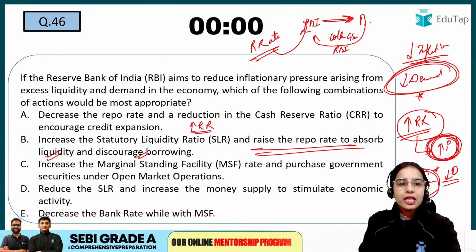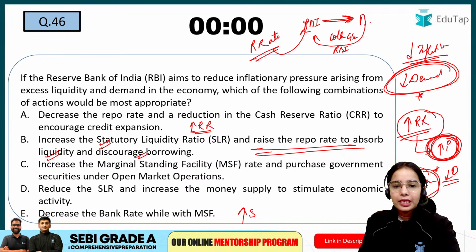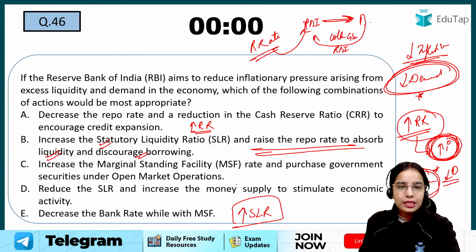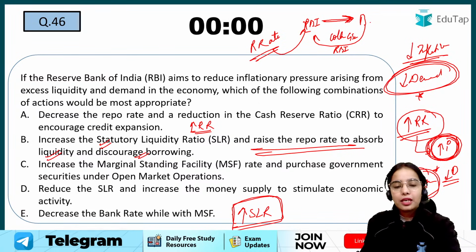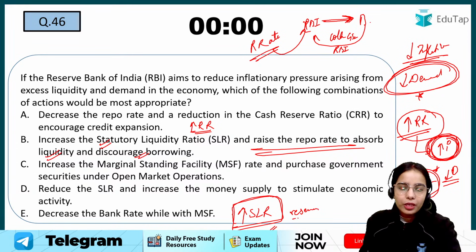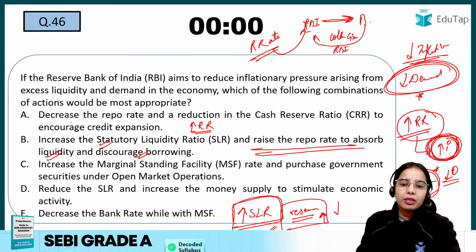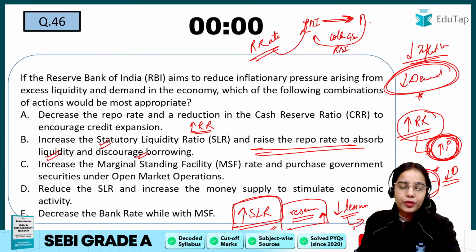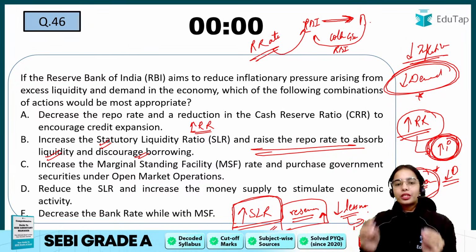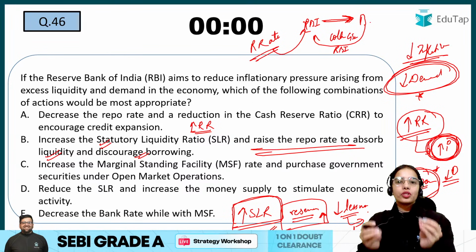As well as that, the RBI can increase the SLR. Yes, the RBI can increase the SLR. SLR, the statutory liquidity ratio, is the reserves that the banks have to keep with themselves.